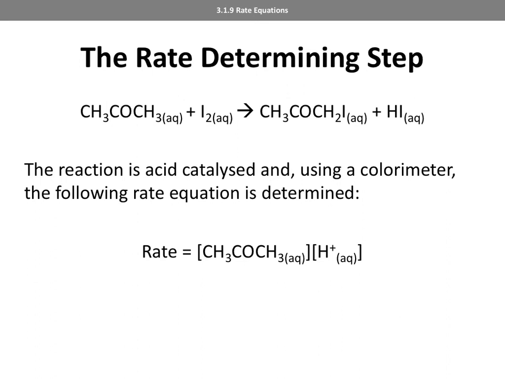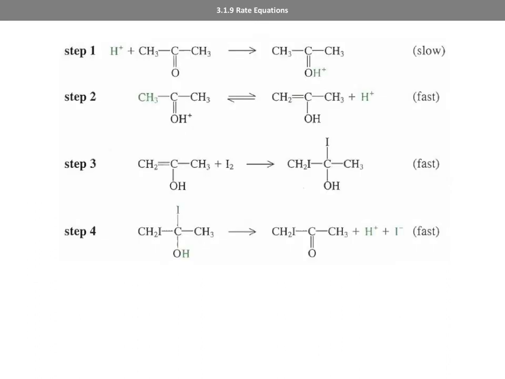Well, it turns out that this reaction proceeds through 4 steps. And we can see that the first step is the slow step. So as the iodine molecules are not involved in this proposed mechanism until after the rate determining step, because remember the slow step is the rate determining step, the overall rate of the reaction would not depend on the concentration of iodine.